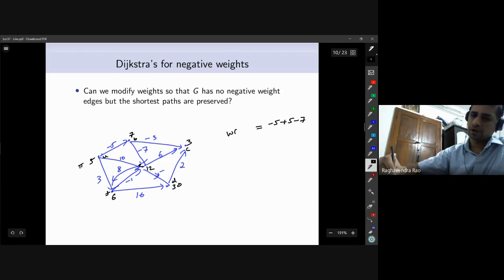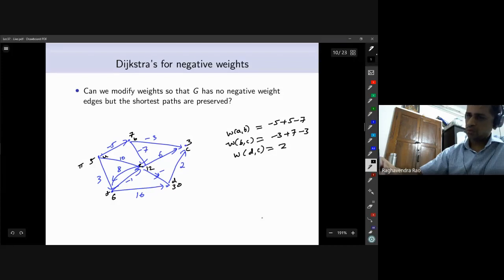Weight of BC is equal to -3 plus 7 minus 3. Weight of DC is equal to 2 plus 30 minus 3, and so on.